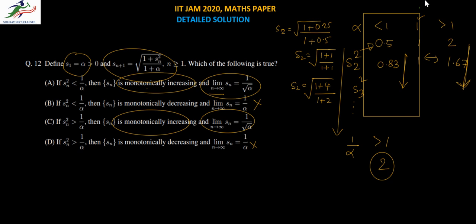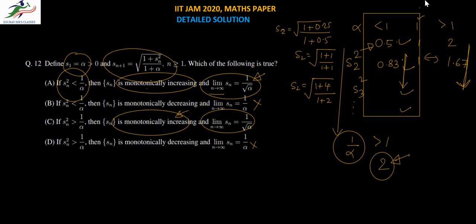So therefore we can see that when the function is monotonically increasing and it has a limit of 1 over root alpha, then the values of Sn square will always be less than 1 by alpha. 1 by alpha in this case is 2, and you see all values of S2, S3, S4 will be tending towards 2, which means that they will always be less than 2.